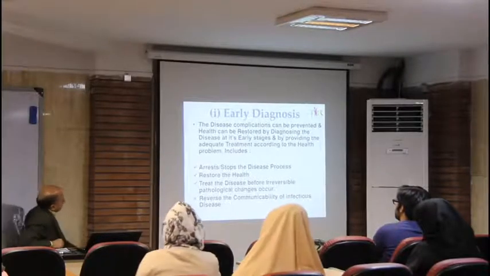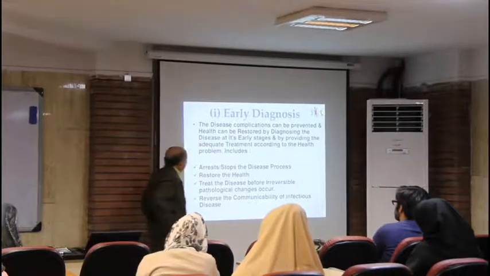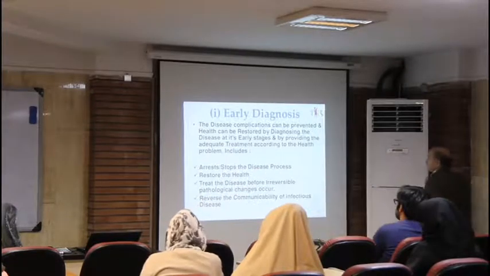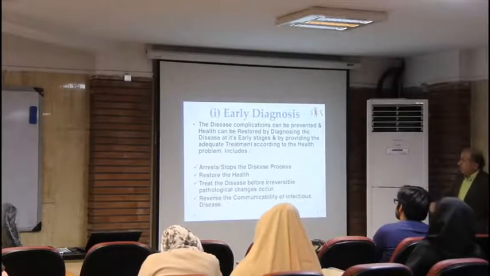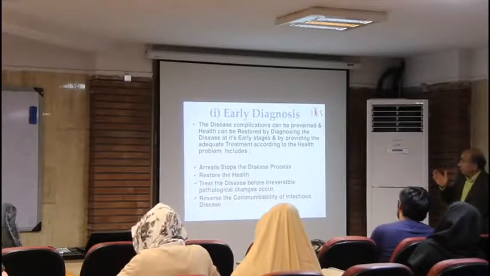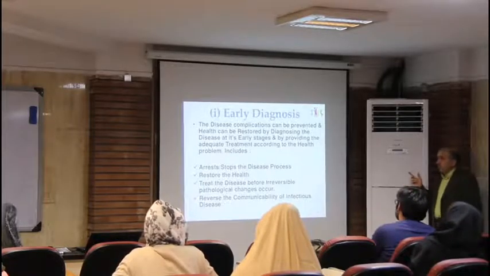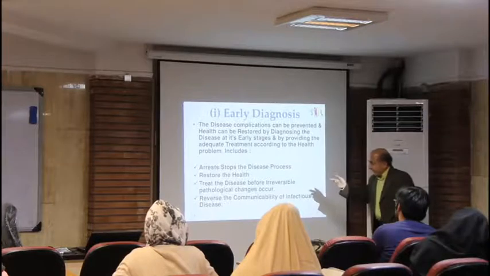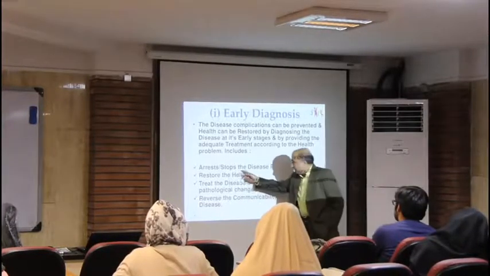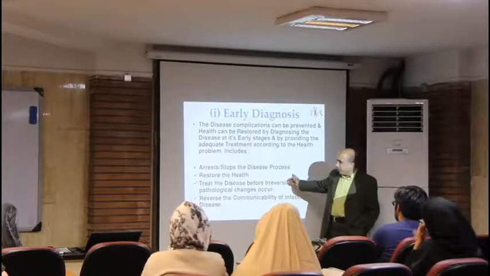And in early diagnosis, we know that disease complications can be prevented and health can be restored by diagnosing the disease at its earliest stages, by providing adequate treatment according to the health problems it includes. So here you see that stopping the disease process is a kind of secondary prevention.